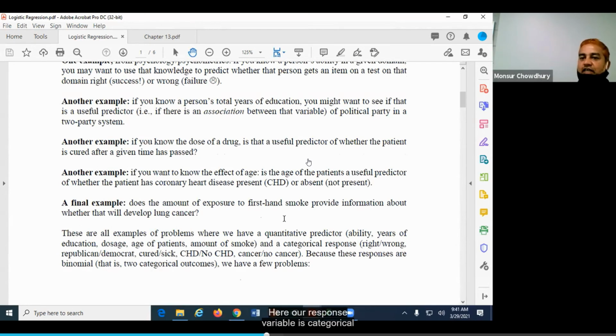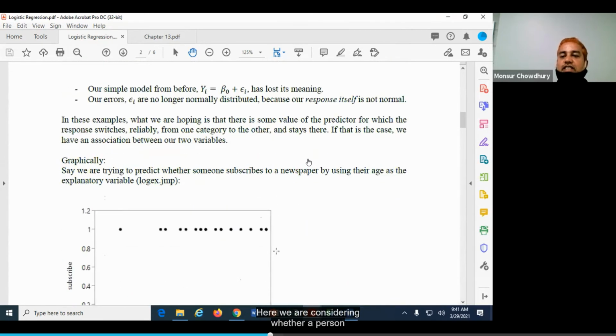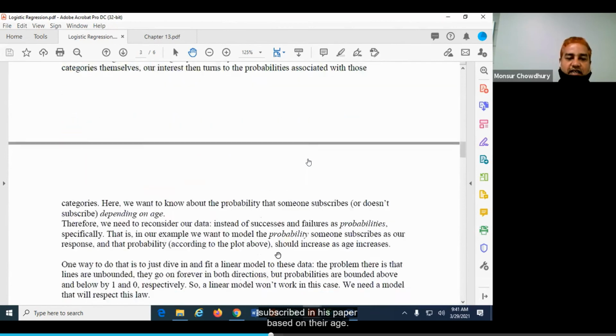So here our response variable is categorical with two categories, and it depends on their age. So this is how we can fit the logistic regression. Here we are considering whether a person subscribes to a newspaper based on their age.